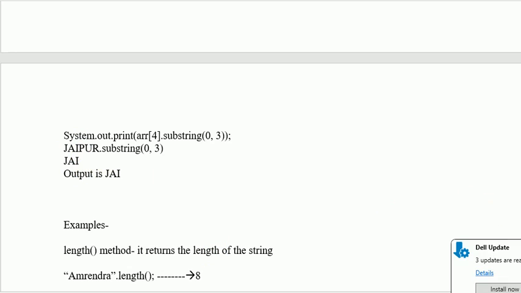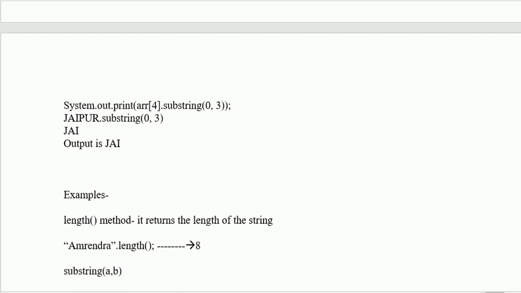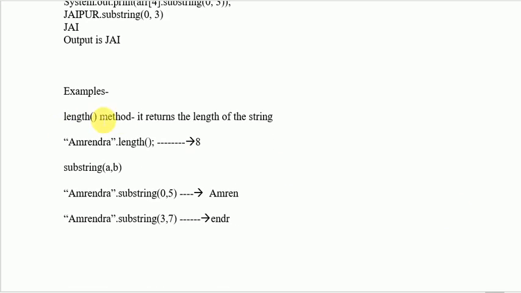Here again I have given you an example. I have made use of my own name here. The length method returns the length of the string. We know that. This has been used in this question, that is why I am explaining it here. Amrendra.length() will give you 8. How to use the substring method? The substring method takes two parameters and works on a string.